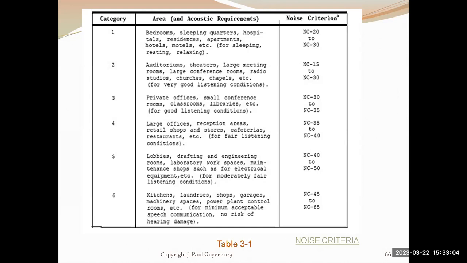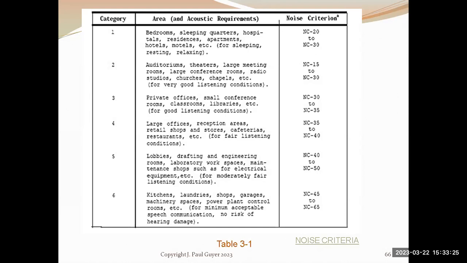Category 5, well, noisier environment is acceptable. Lobbies, laboratories, maintenance shops, you would select an NC 40 to 50 target for those spaces in your building.